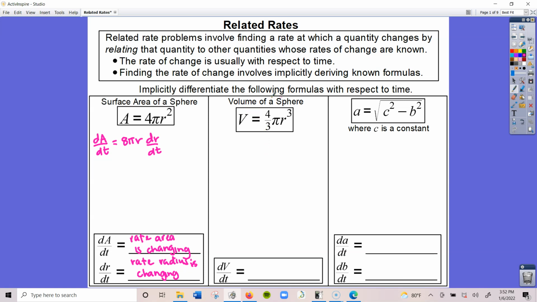Moving on to the volume of a sphere. The equation for the volume of a sphere is V equals 4 over 3 pi r cubed. So we do the same thing as we did before.